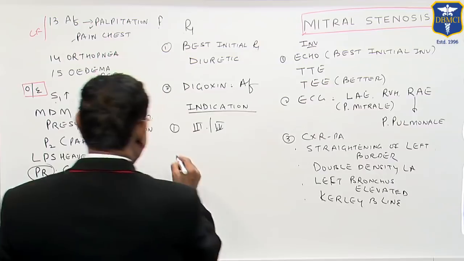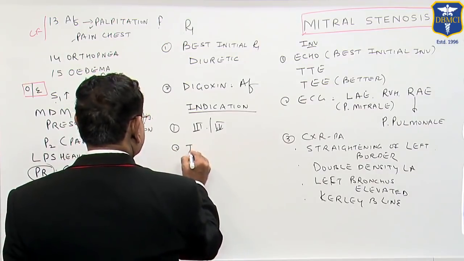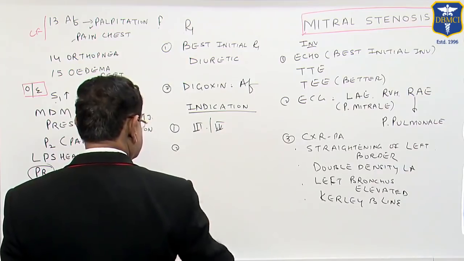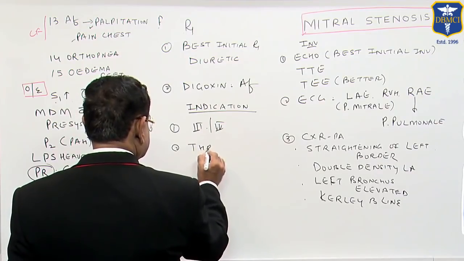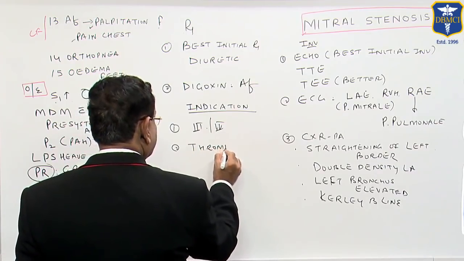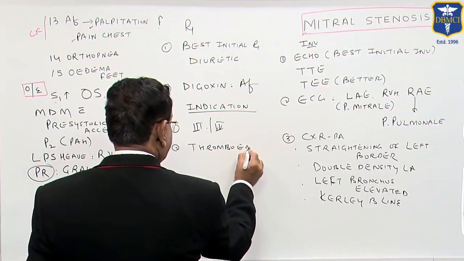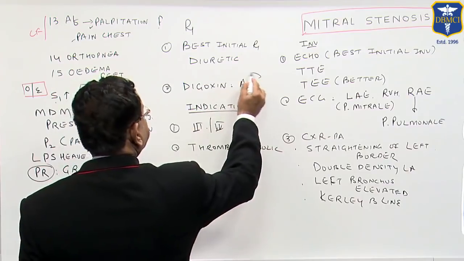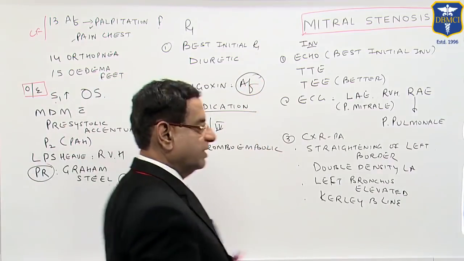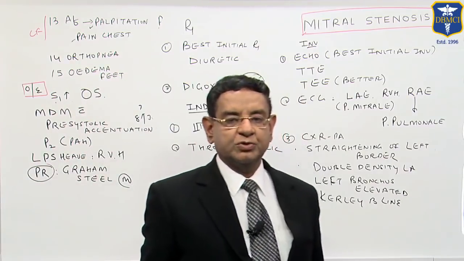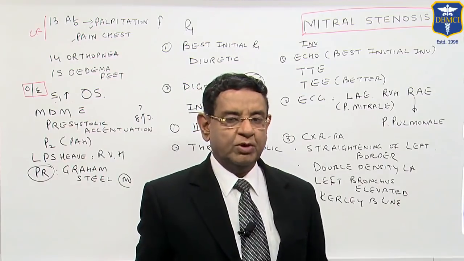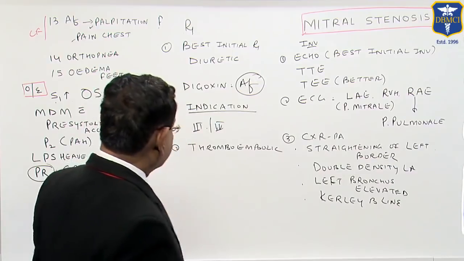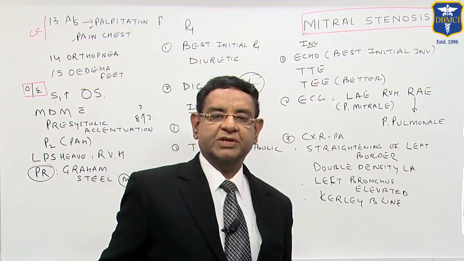Or the patient can have recurrent thromboembolic phenomena. Why? Because of atrial fibrillation. The fibrillating atrium is a source of thrombus. That's why thromboembolic phenomena can occur in these patients. If these are the problems, then you plan for surgery.